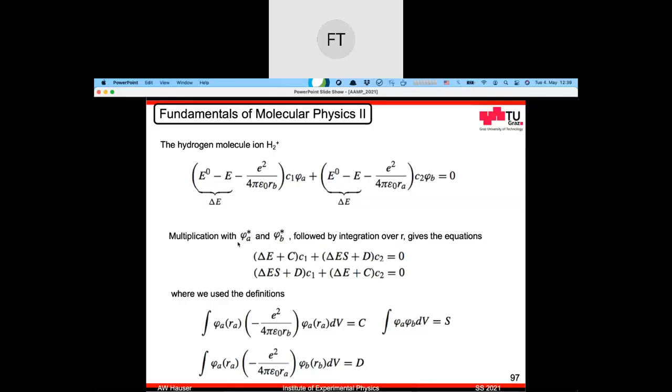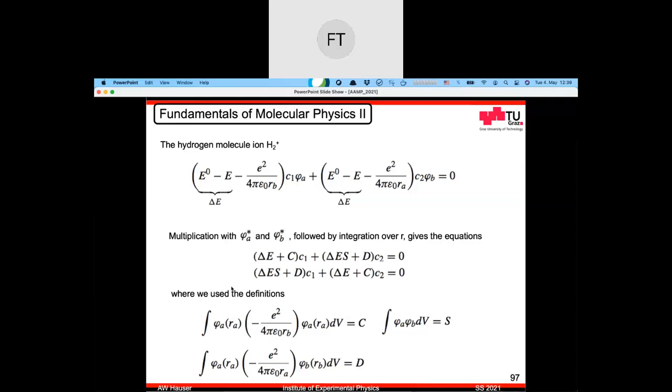And if you look at these integrals from a classical point of view, then this Coulomb type integral makes perfect sense, because if you take phi A and you multiply it with itself, so you take the square of the wave function, it becomes something that is proportional to the probability of finding this electron somewhere in space. Since the electron has a charge, it is a charge distribution in space.